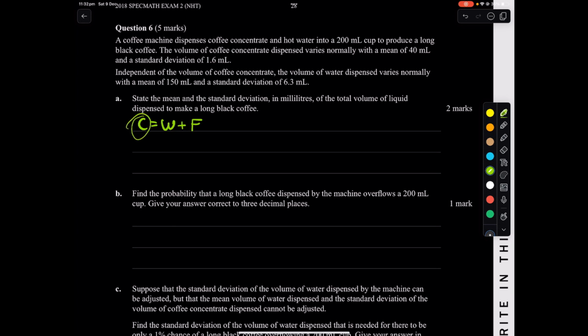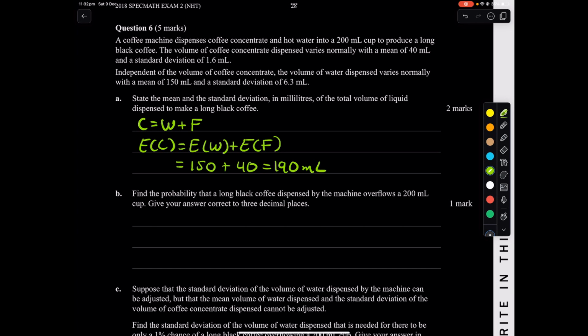Okay, so this is your coffee. The coffee needs water and the coffee concentrate, which is F. And we want to find the mean, so the expected value of C, which is the expected value of W, plus the expected value of F. We know the volume of water dispensed varies normally with a mean of this, so 150, plus the expected value of the coffee concentrate is 40. Hence, it's 190 milliliters. That is your mean.